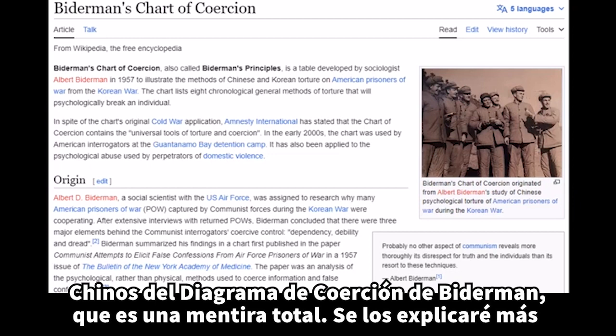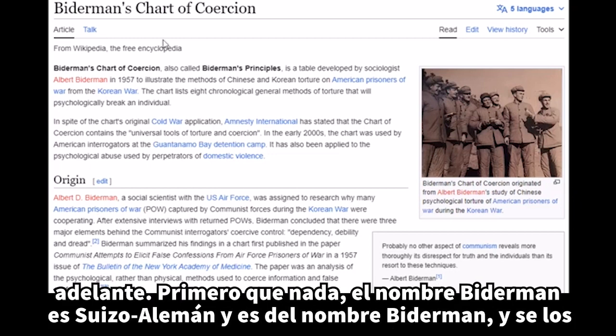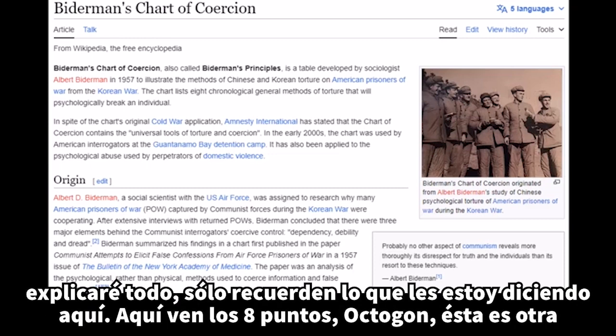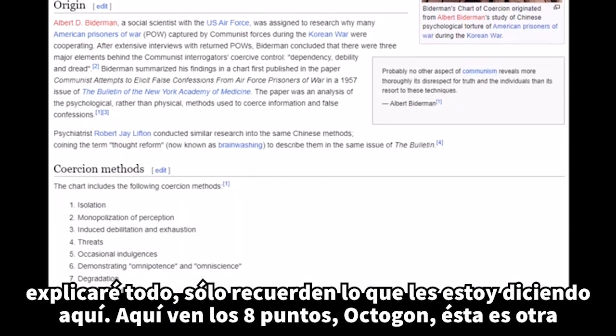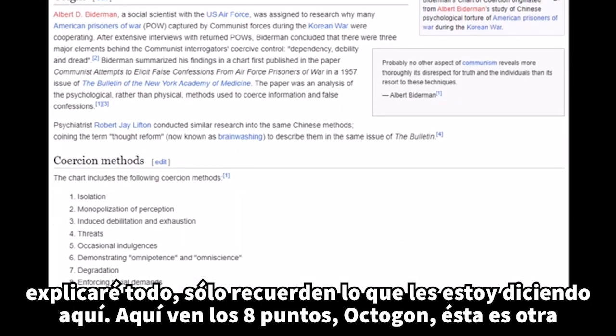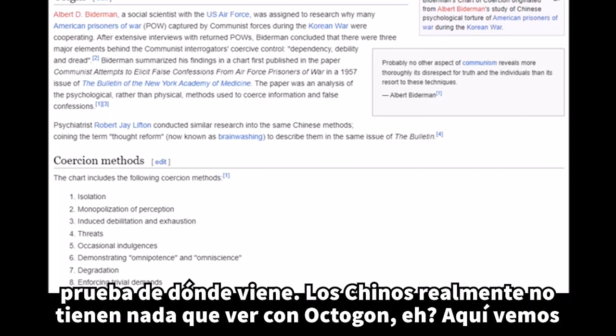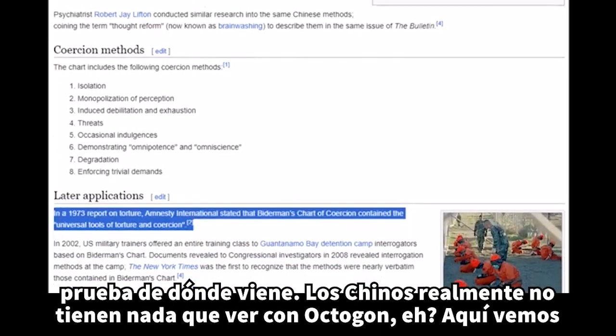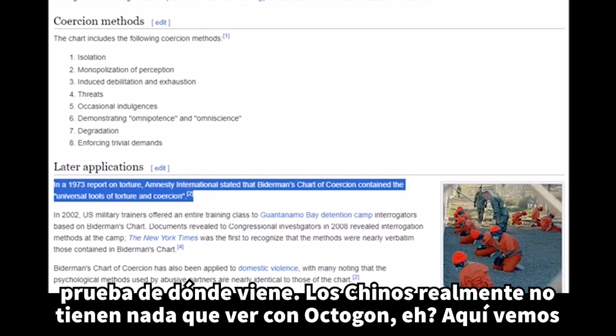And I will explain that more to you. First of all, the name Biderman is Swiss German, and I will explain all about it. Just remember what I'm telling you here. Here you see all the 8 points, octagon. So there's another proof of where it comes from. The Chinese don't really have anything to do with octagon, eh?